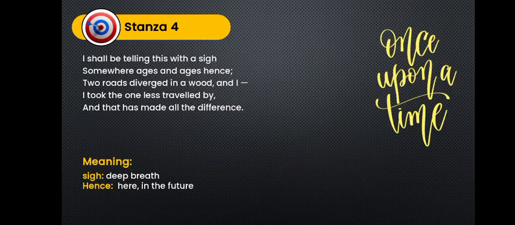In this third line, one can see the word I, and in the beginning of the fourth line, the same word I is repeated, just to emphasize that the poet makes his own decision himself. So he says, and I took the one less traveled by.